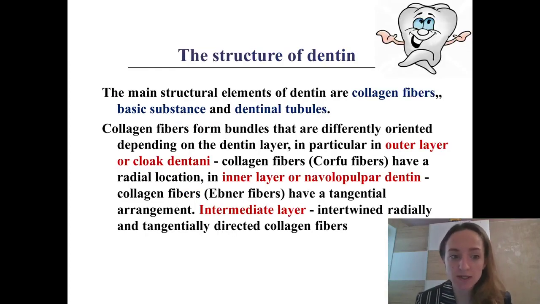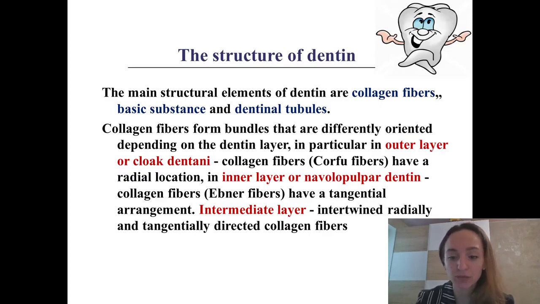The main structural elements of dentin are collagen fibers, basic substance, and dentinal tubules. We know that in dentin we have different layers. In particular, the outer layer, or mantle dentin, where the collagen fibers, or Korff fibers, have a radial location.